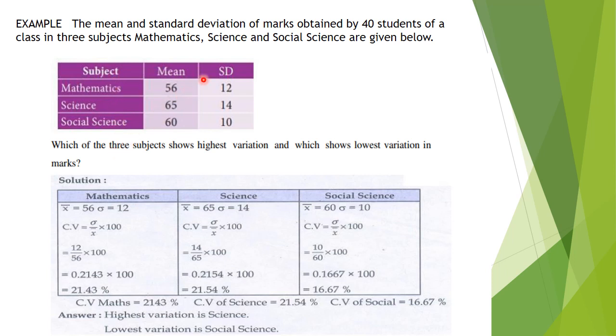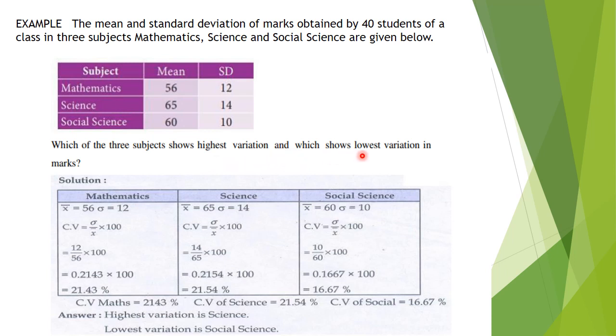First of all, we will find the coefficient of variation in mathematics. Mean is given to us, that is 56. Standard deviation is also given, 12. The formula of CV is standard deviation upon mean into 100, which gives the value 21.43%.